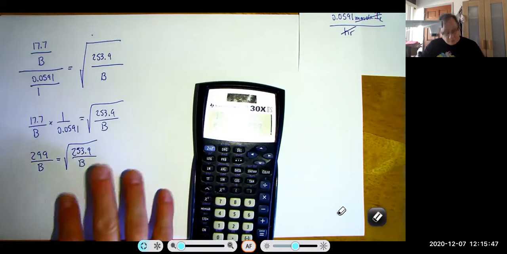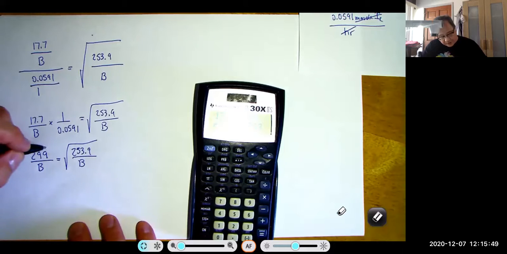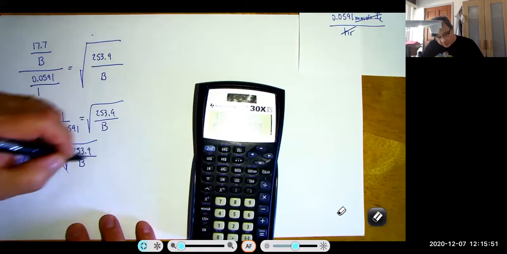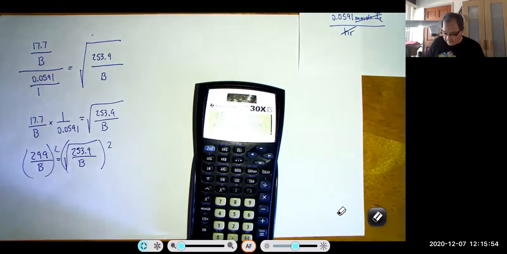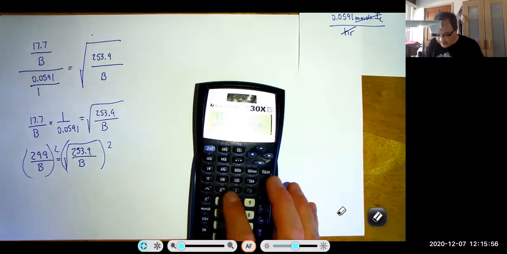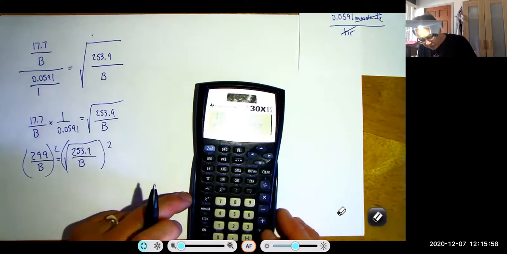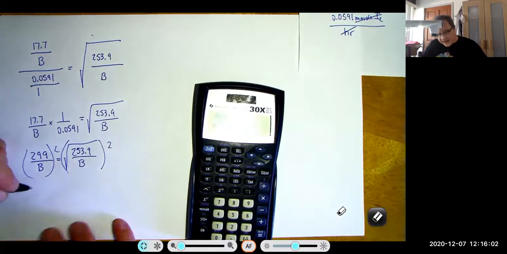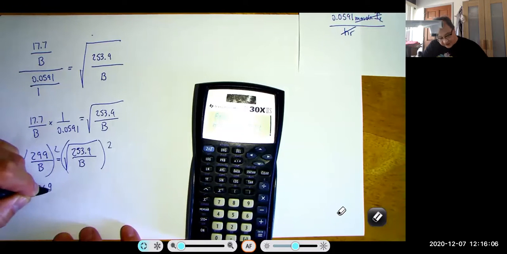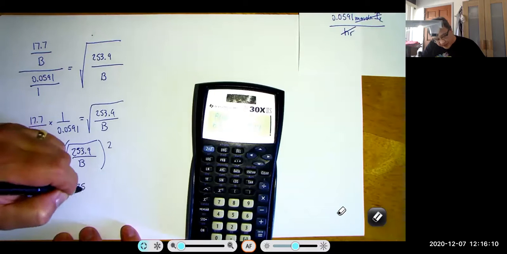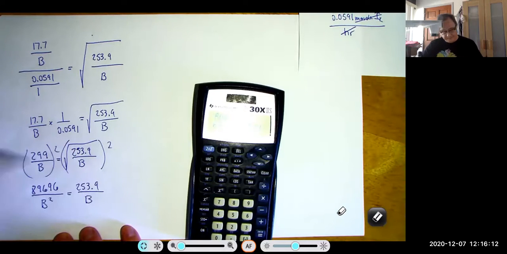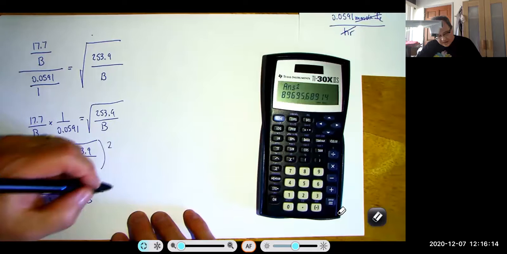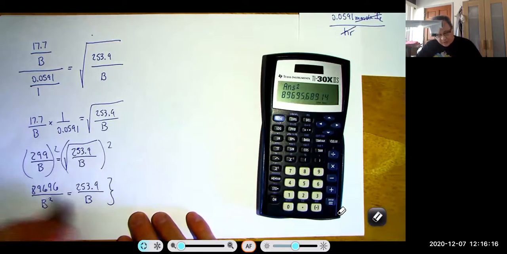So now what are we going to do? We'll square both sides. So I'm going to square this side and I'm going to square this side. Where's my square button on this calculator? Oh, here it is. So for this side, I get 89696 over B squared is equal to 253.9 over B. Now I'm going to take this and do a little cross multiplication.